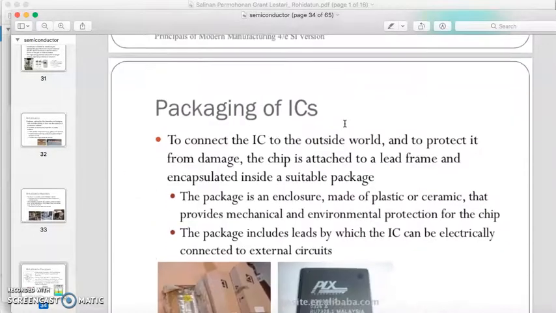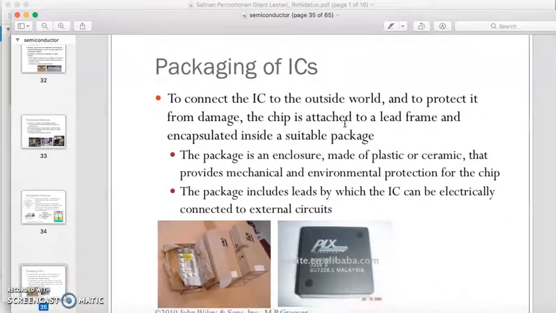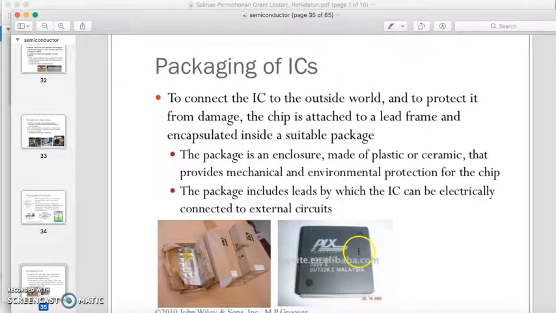Okay, and in the packaging process of IC, the IC is protected by ceramic or polymer material. The objective is to protect the chip from damage and encapsulate the circuit.